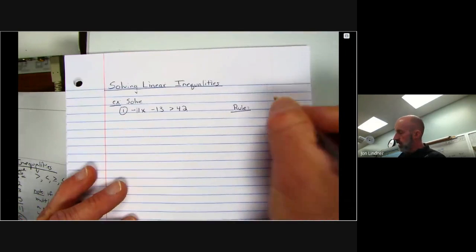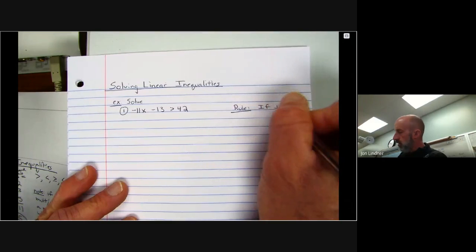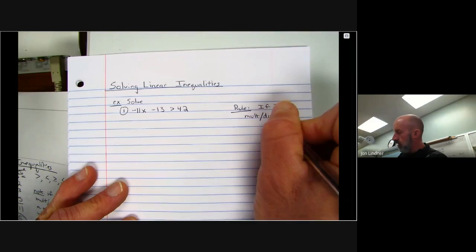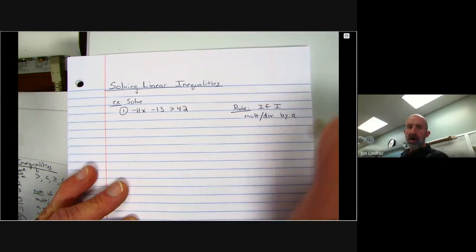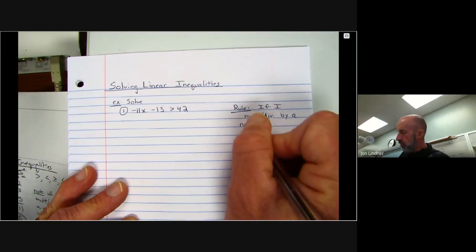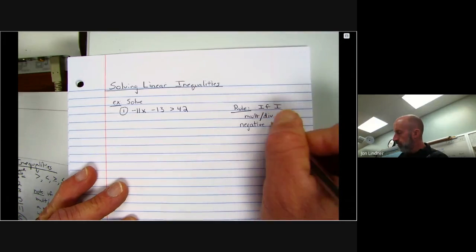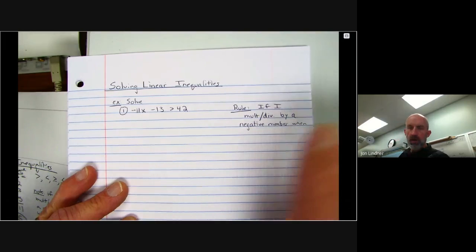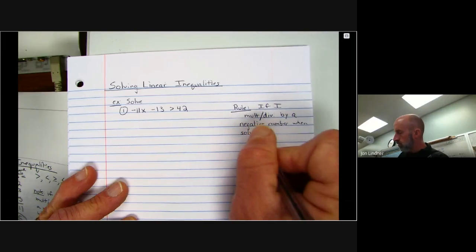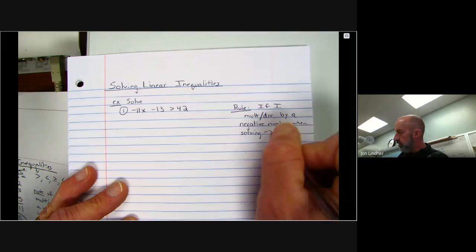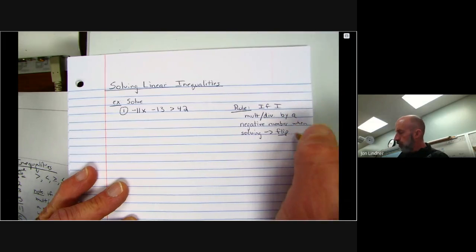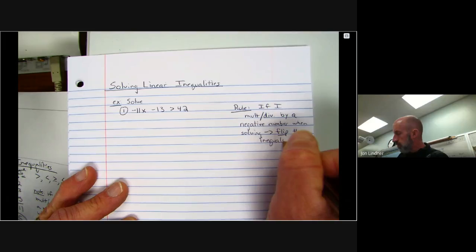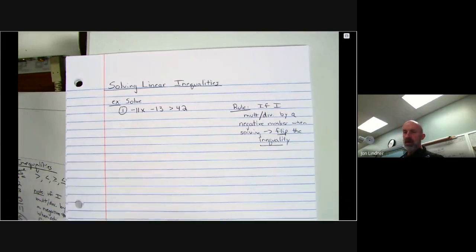Here's the rule. If I multiply or divide by a negative number when solving, then I need to flip the inequality sign.